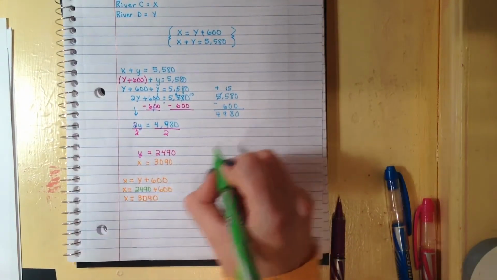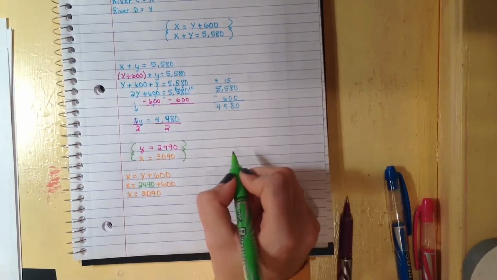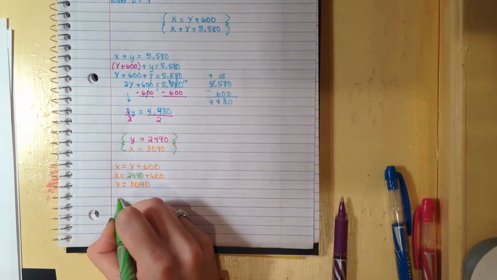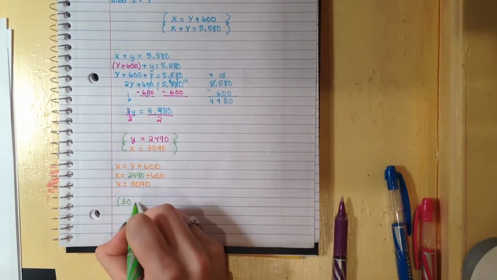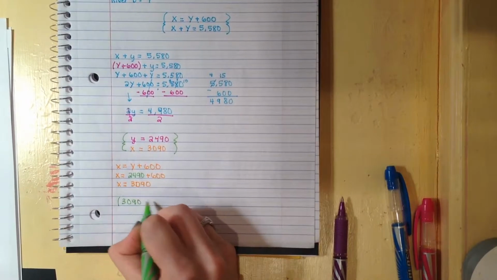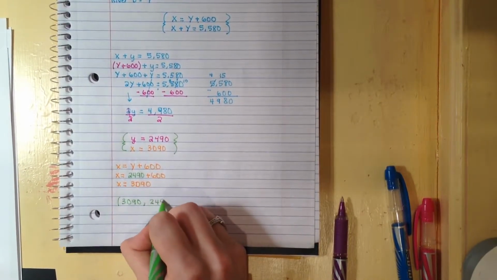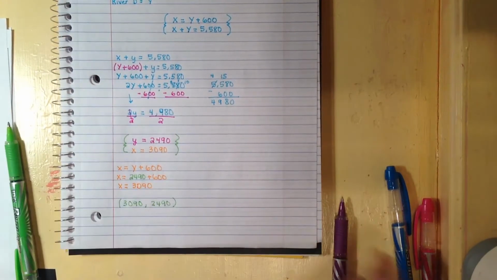So when I check, first I want to write this as an ordered pair. My x being first, 3,090, and my y to follow. So plugging into these two equations.